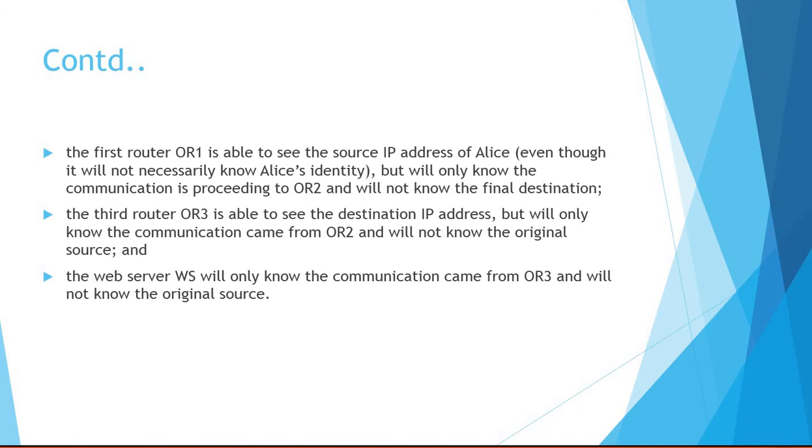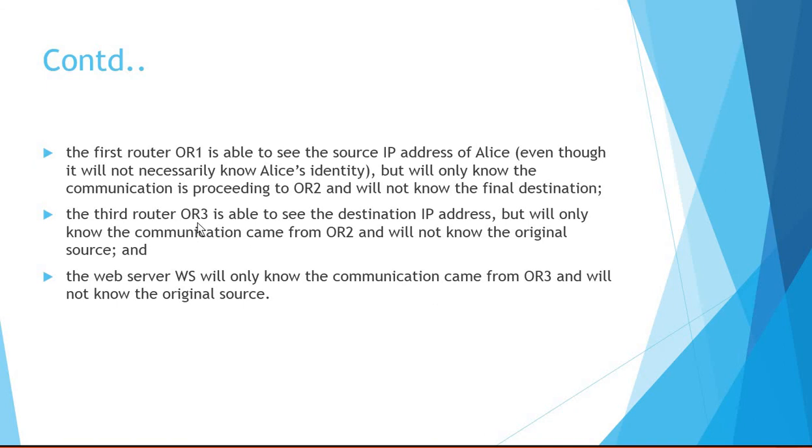That message can be decrypted only by onion router 3 because it is encrypted using the key known to onion router 3 and Alice. So OR2 will transfer to OR3. OR refers to onion router.